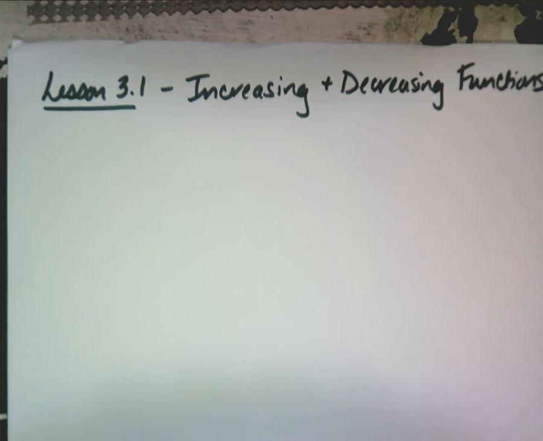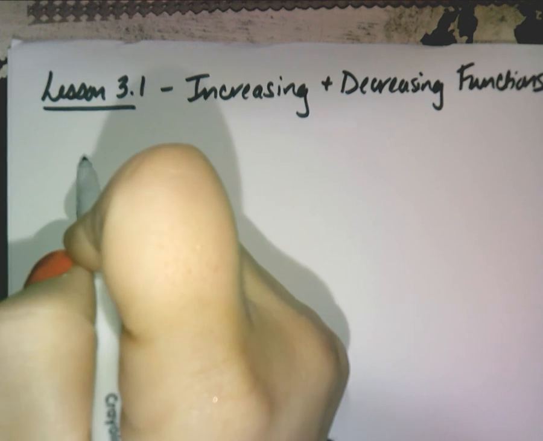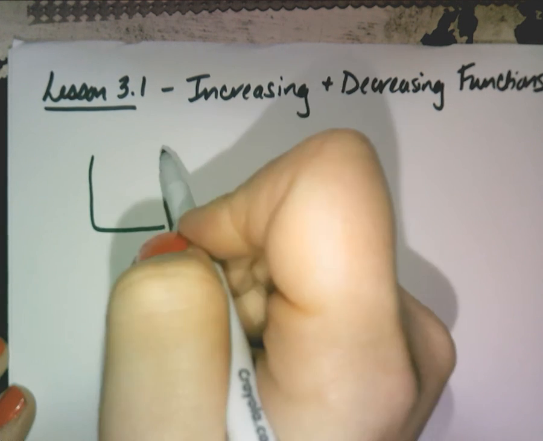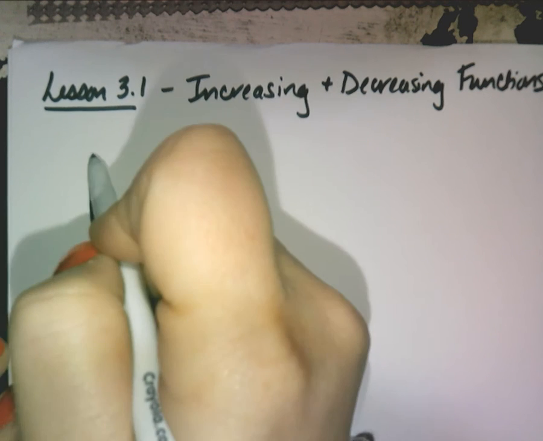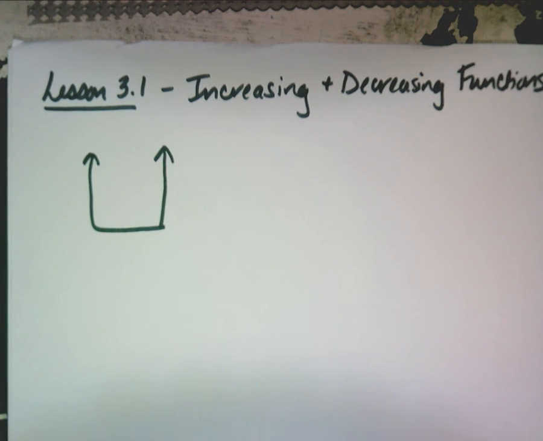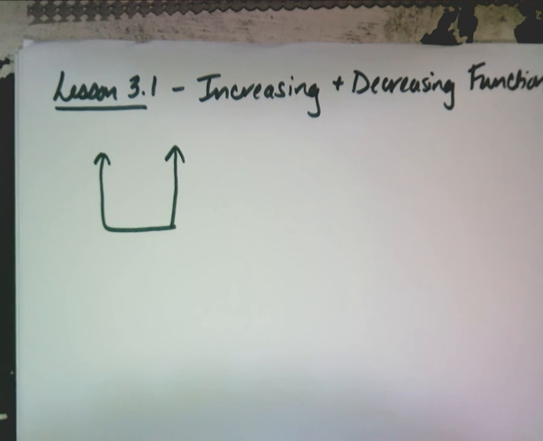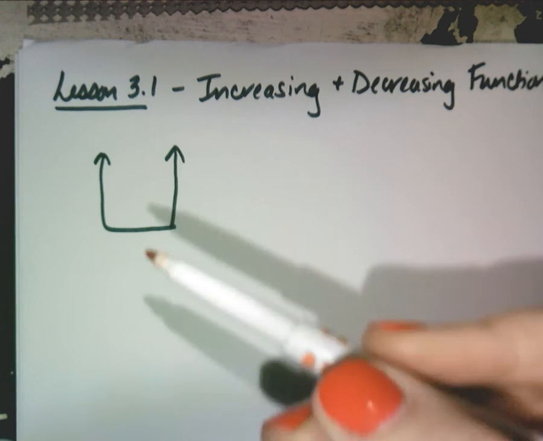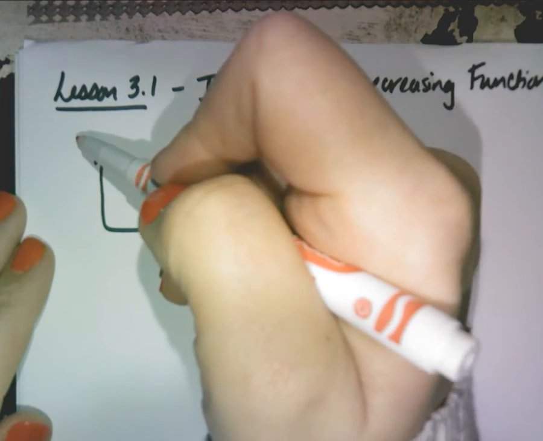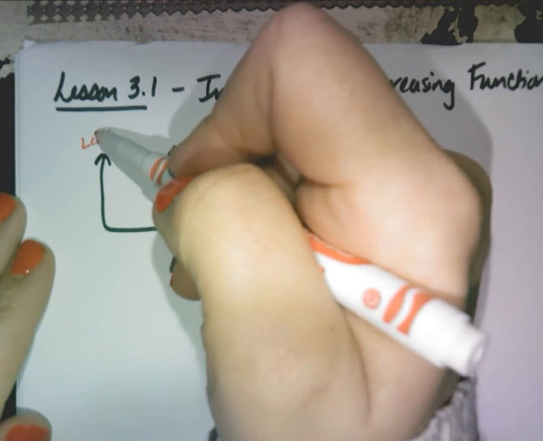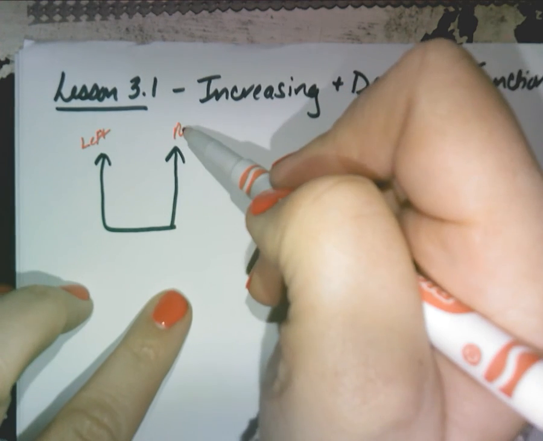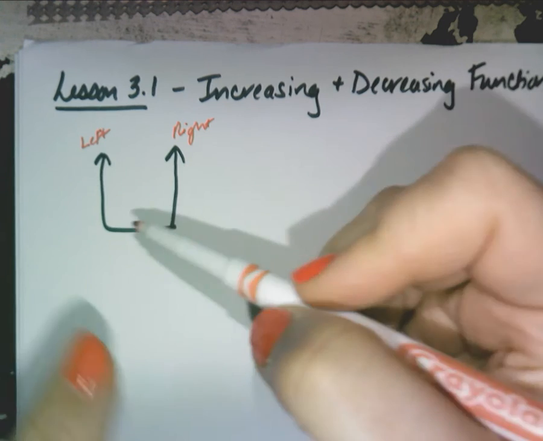So here's a graph. If you remember, you start on the left side of the picture and you work your way to the right. You always start on the left, just like you read a book, left to right.